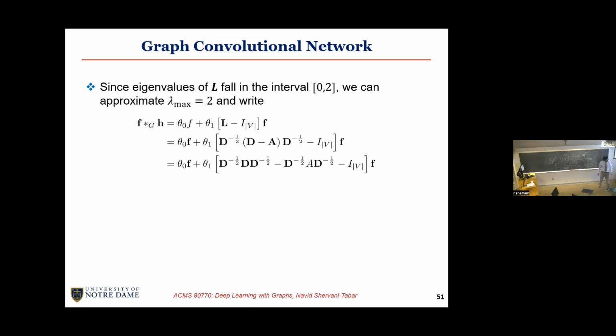So now I have I here, and I have I here. This minus, basically, they're going to cancel each other out. And what we're left with is this relation. Here the subscript just shows the dimensionality of my identity matrix.